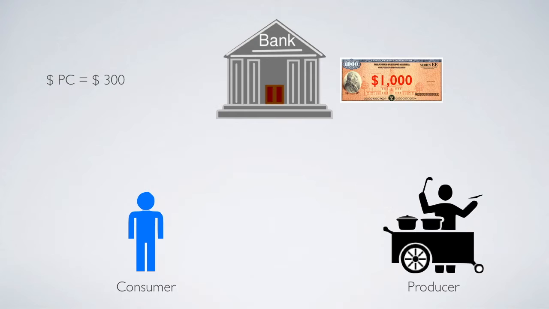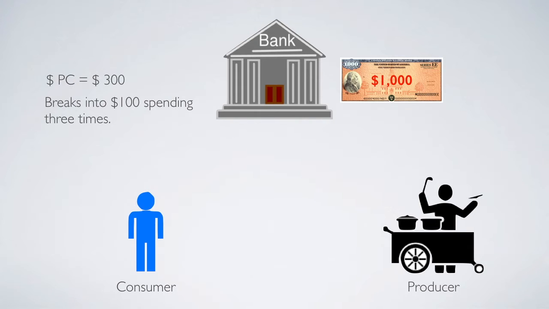But a lot of the time, consumers do not spend the whole month's consumption at once. Sometimes they break it into several trips. For example, we assume this consumer breaks the consumption purchase into three trips, and each time he spends $100.